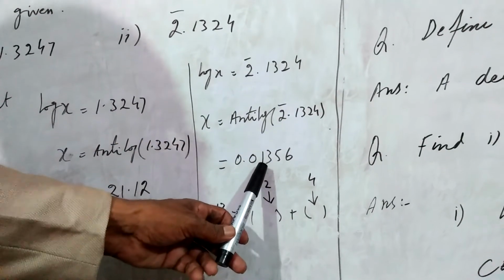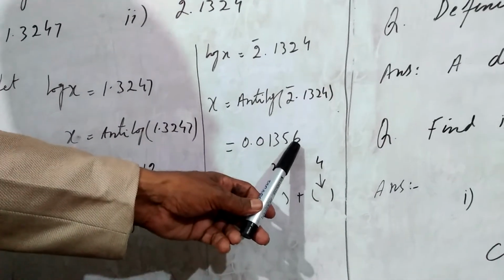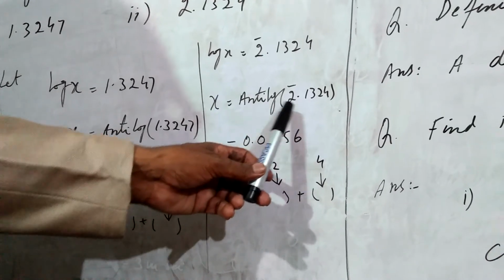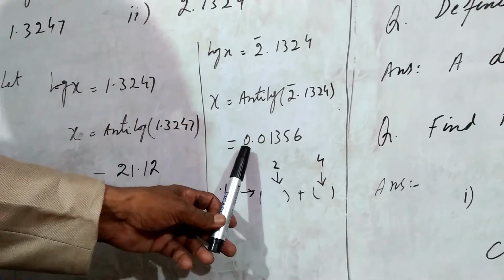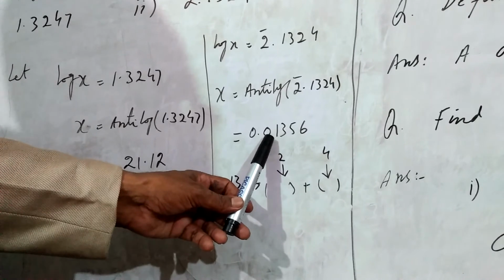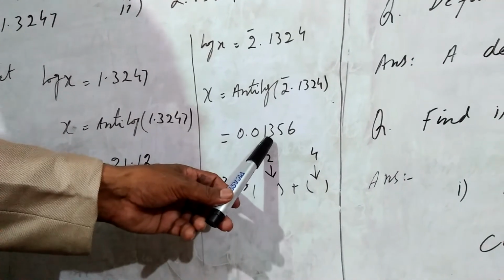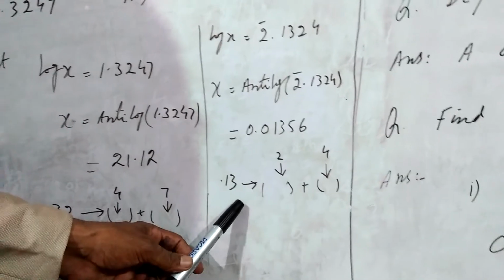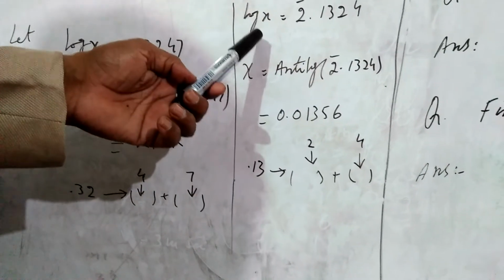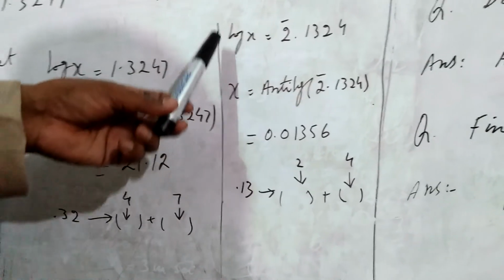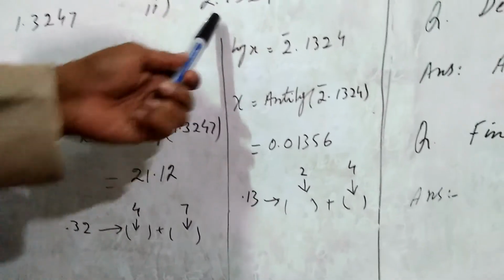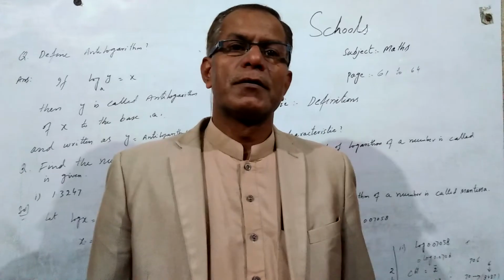Sorry, we get 1356. As the characteristic is minus 2, so we have to assign 20 before this non-zero digits. So in this way, we are able to find the anti-logarithm of these two given numbers.